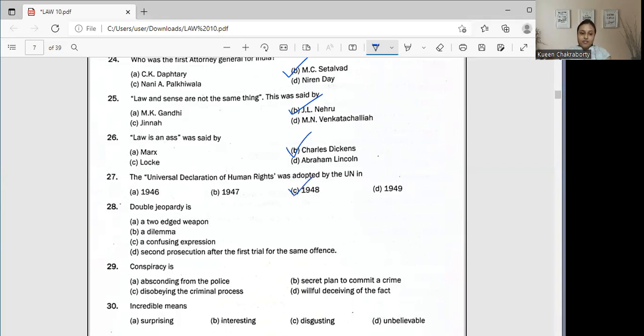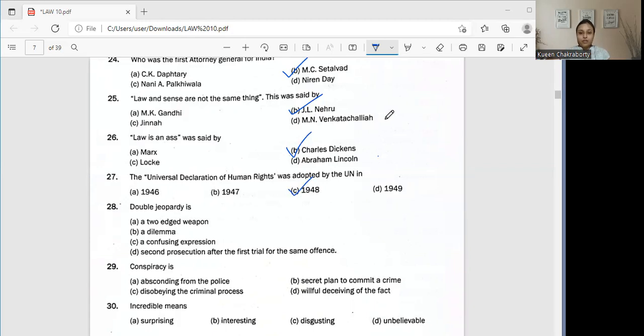Just after our independence, we were very much concerned about the Universal Declaration of Human Rights, and it was adopted in 1948, and from then onwards it has been playing a significant role in our Constitution.